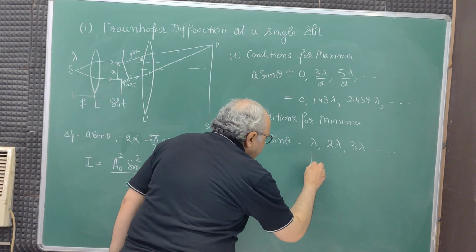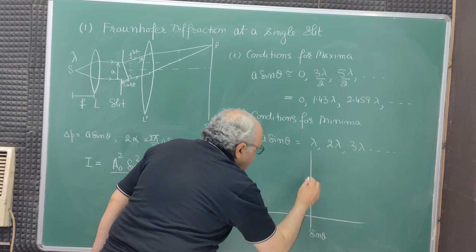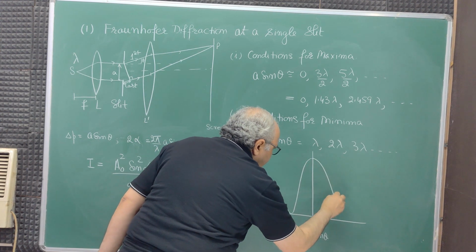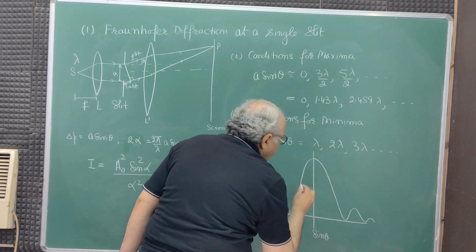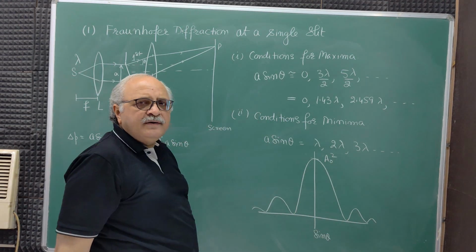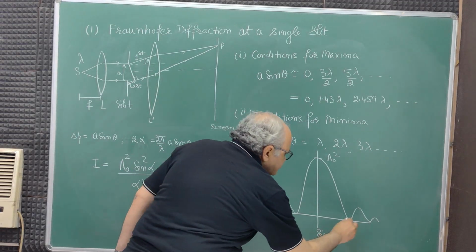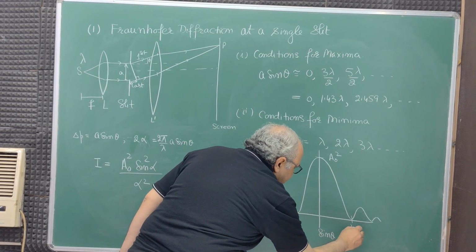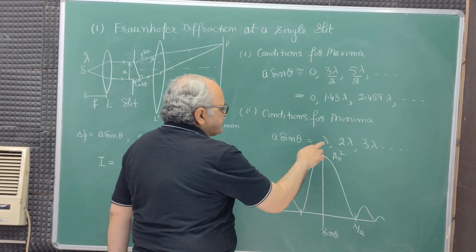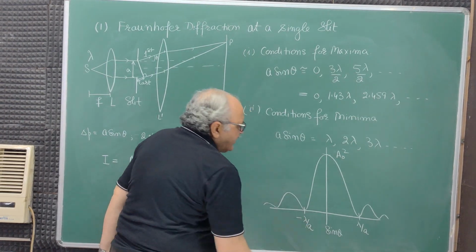And if you look at the intensity versus sine theta graph, you will get this type of a pattern. So this is A0 square, and you get the other maximas also with continuously decreasing intensity, and this is defined on both sides by the first minima which occurs at a sin theta equals lambda, or you can say sin theta is equal to lambda by a and minus lambda by a.